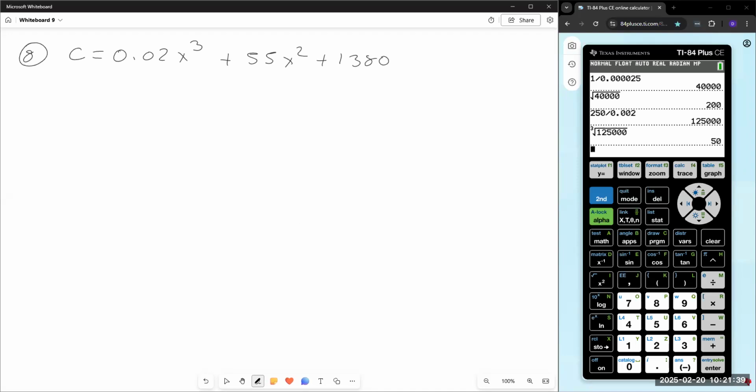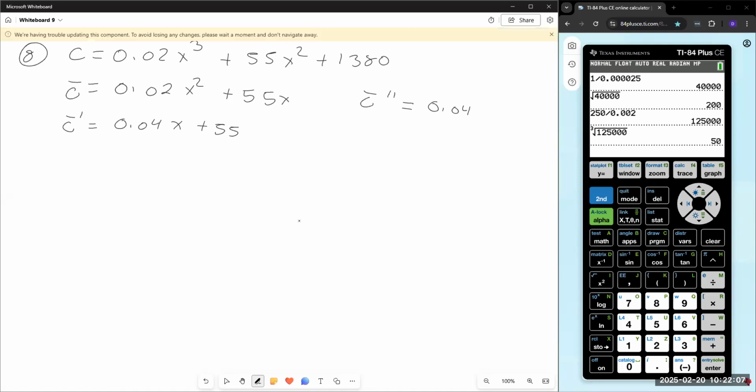So that makes C bar equal to 0.02x squared plus 55x, and it makes C bar prime equal to 0.04x plus 55, which makes C bar double prime equal to 0.04, just that positive number.